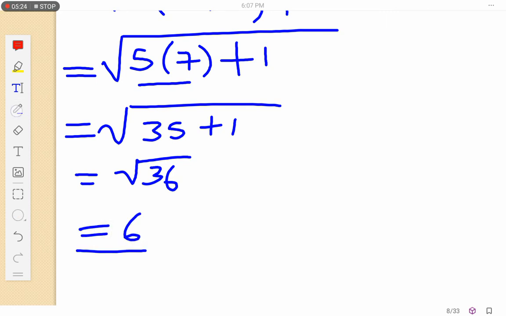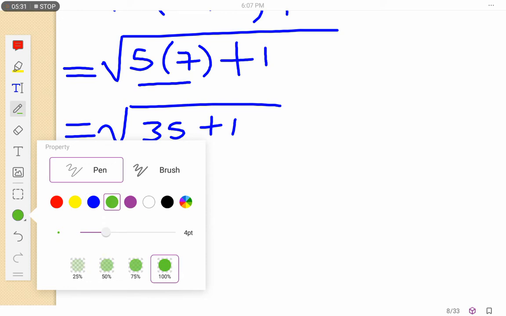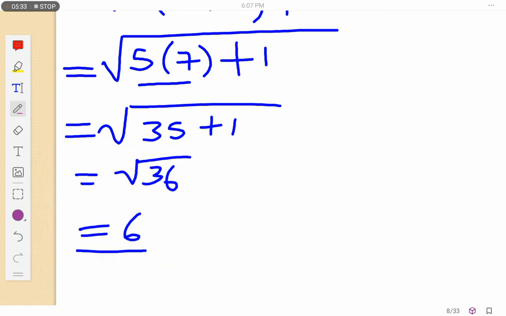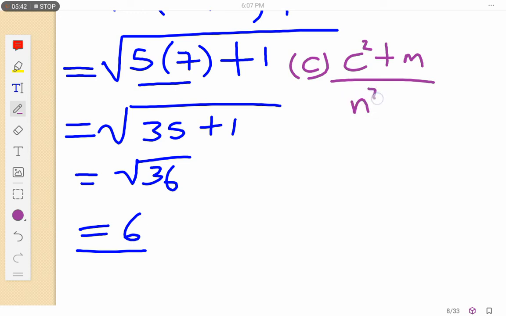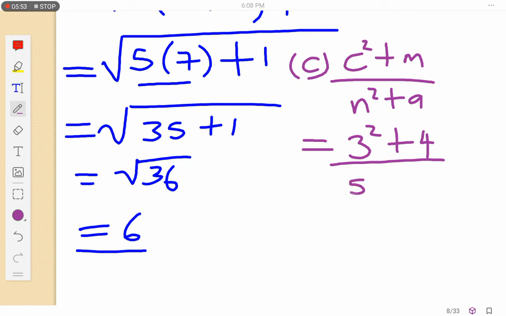Now let's do the last question, our part C. Part C of the question was saying c squared plus m over n squared plus a. Substituting, my c is 3 squared plus m, our 4, over n squared, that's 5 squared, plus our a, 1.